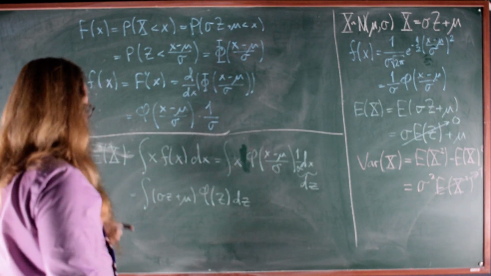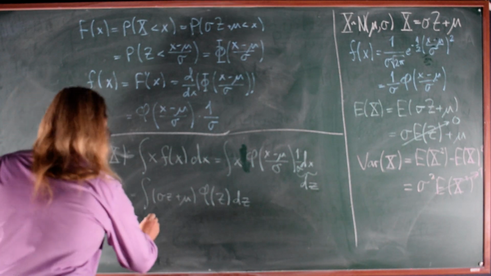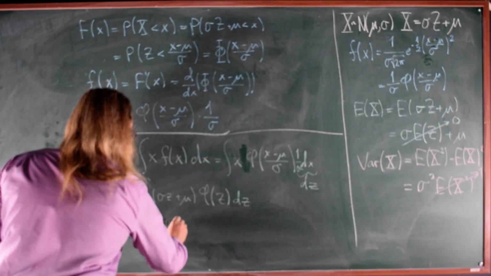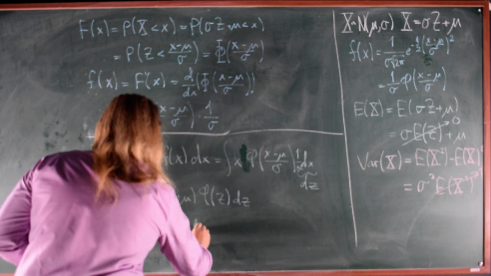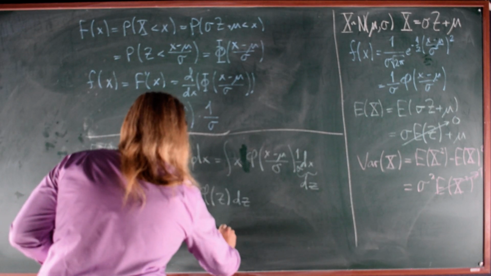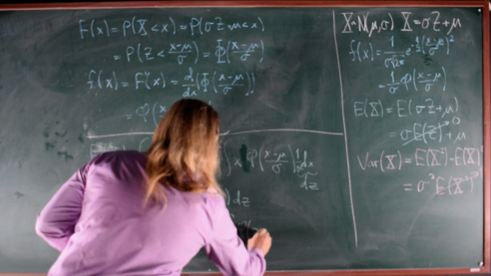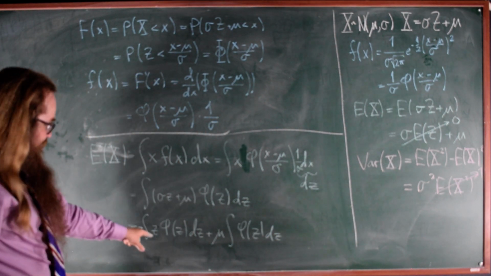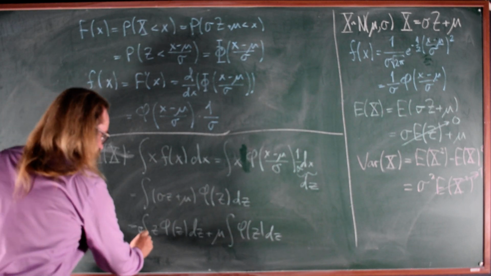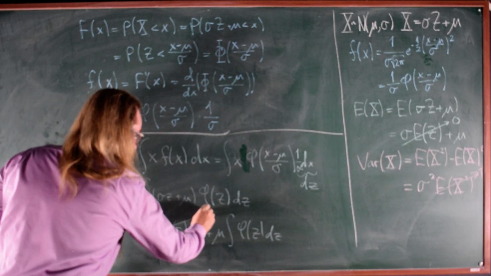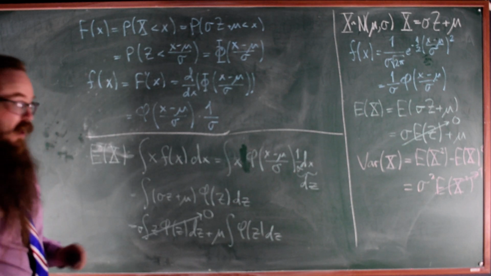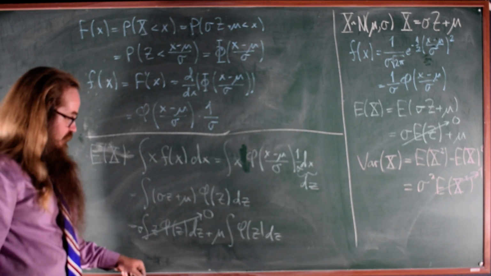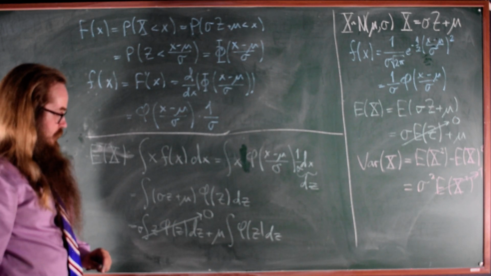All right, now I can use this beautiful linearity of the integral to say, well, this is sigma times the integral of z phi of z dz, plus mu times the integral of phi of z dz. This is the definition of the mean of the standard normal: the variable times the density, the PDF, of the same variable, and we integrate.